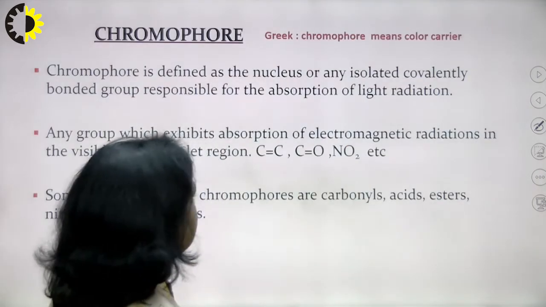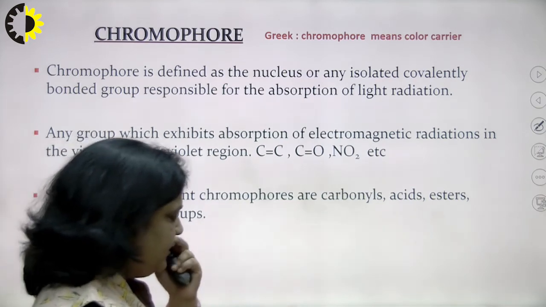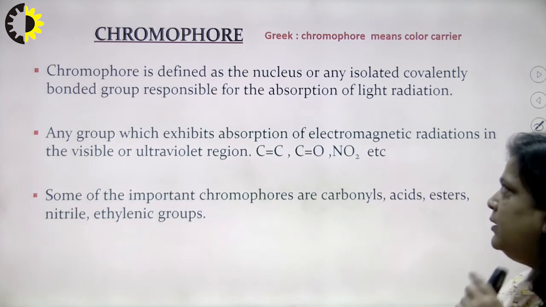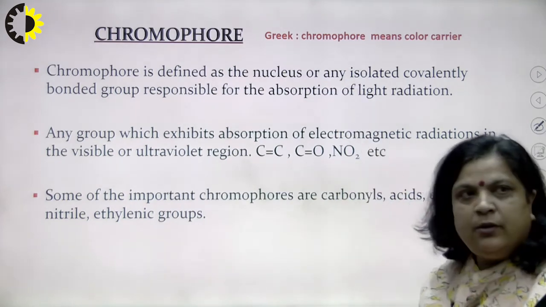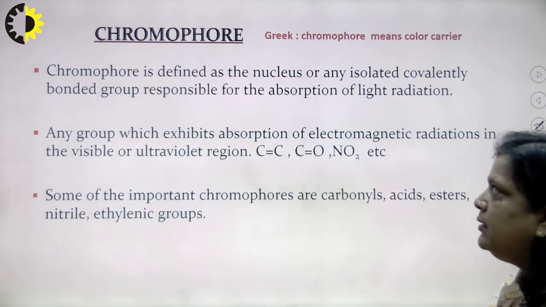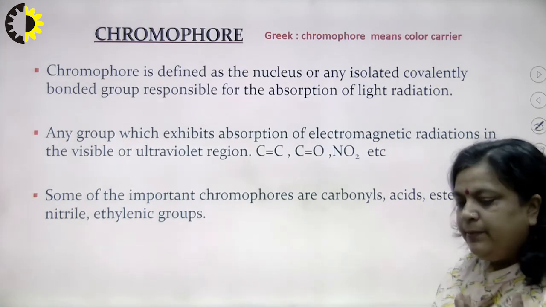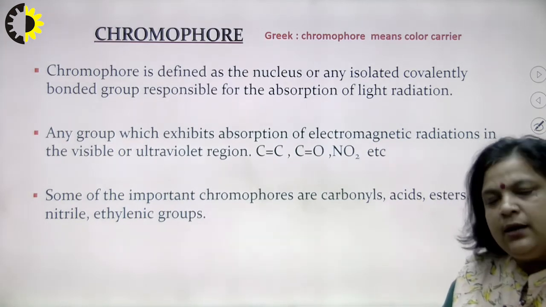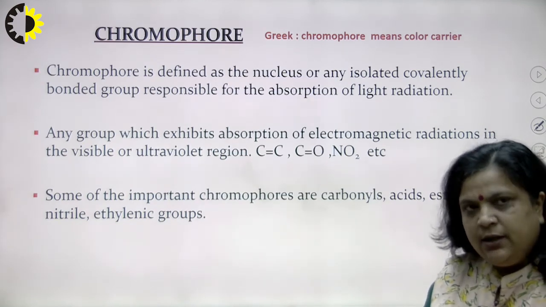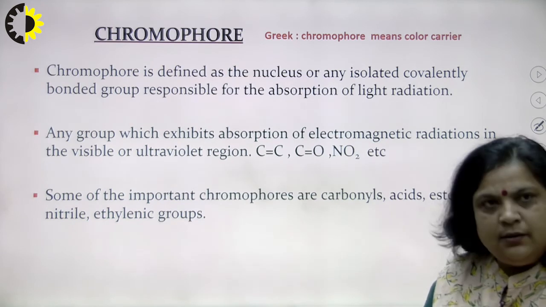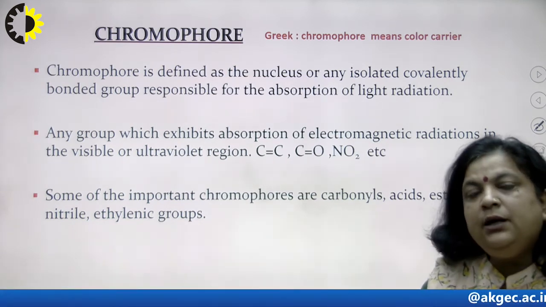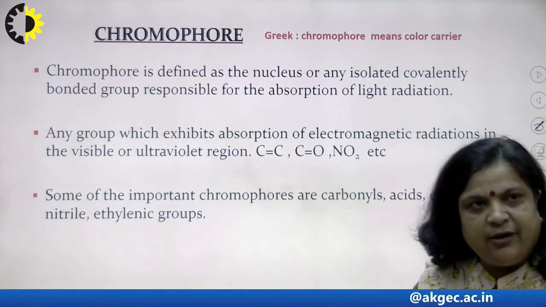Now, next, there are 2 terms which are used in UV visible spectroscopy. The first term is chromophore. It is a Greek word and the meaning is color carrier. We know that those compounds which absorb ultraviolet visible radiation appear colored, and the color depends on the wavelength of light.